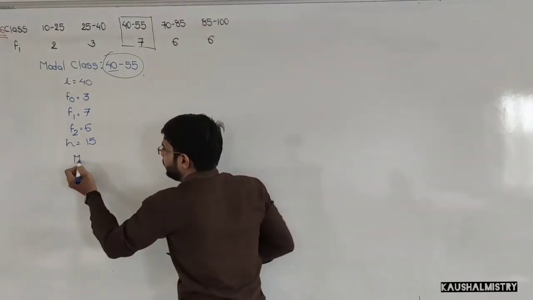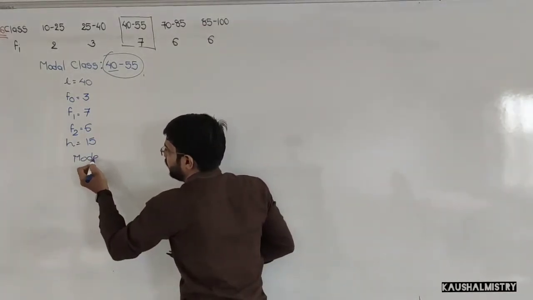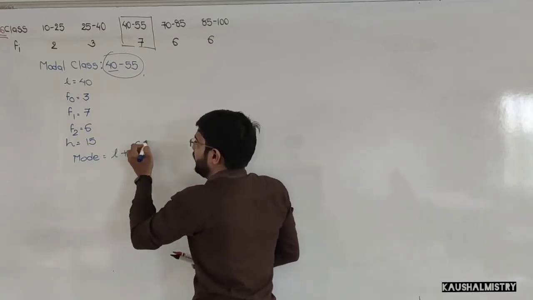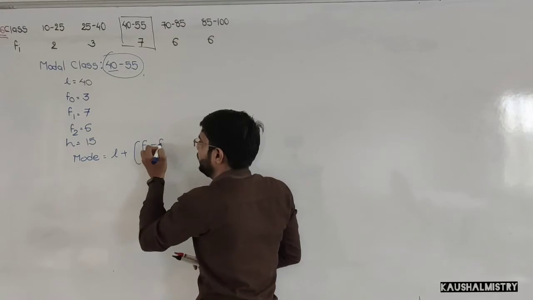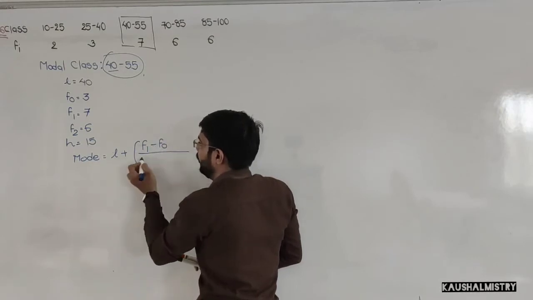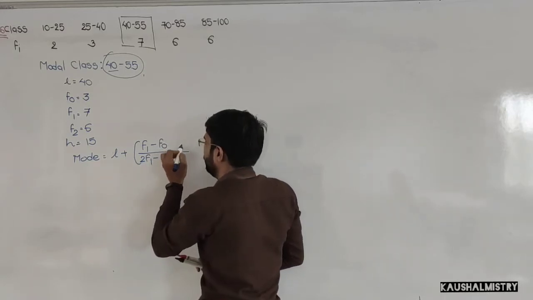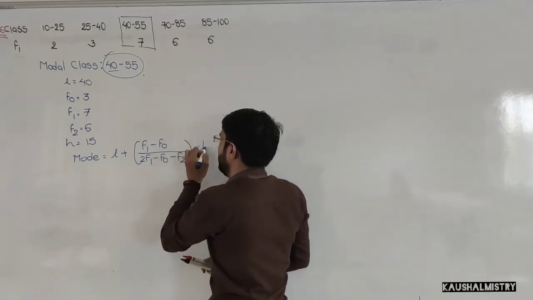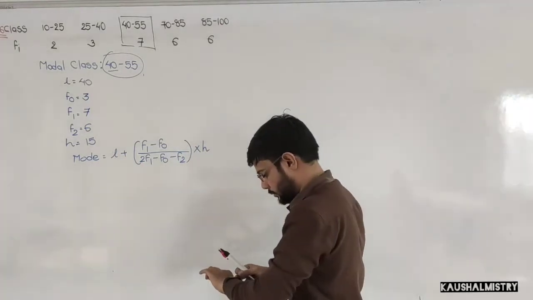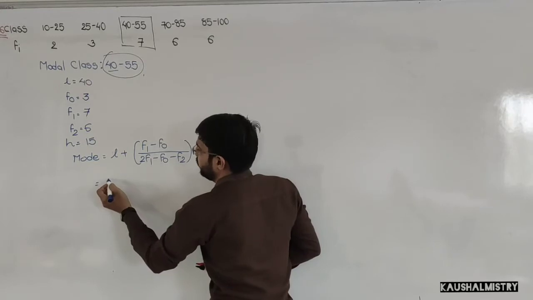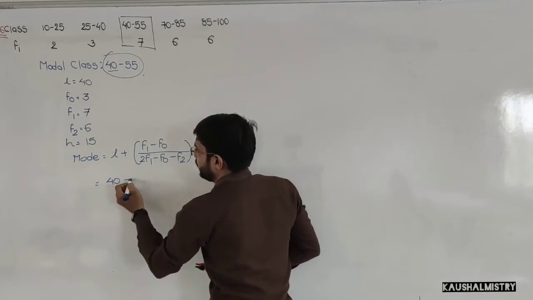So mode is equal to L plus F1 minus F0 upon 2F1 minus F0 minus F2 multiplied by H, right? So L is equal to how much? 40.